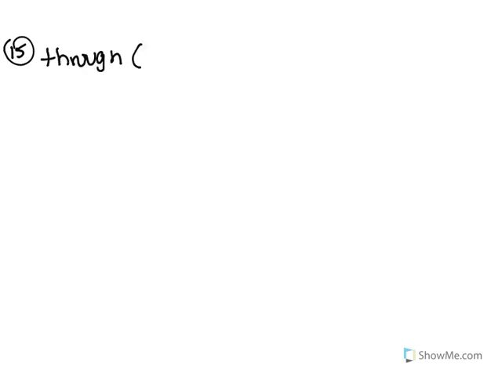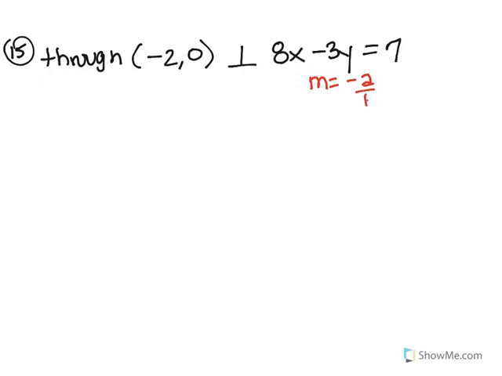Let's write the equation of a line that's going through (-2, 0), and it's perpendicular to 8x minus 3y equals 7. So we're going to find the slope of this line, which will be negative 8 over negative 3, which is 8/3.